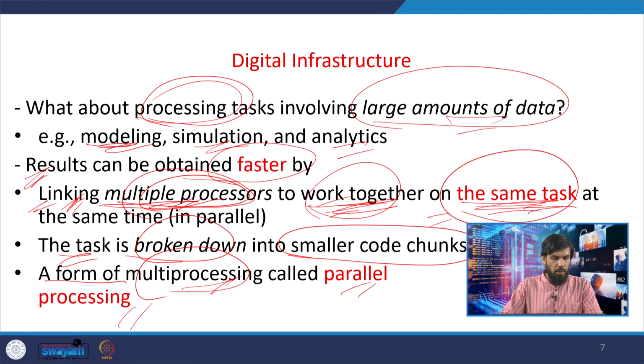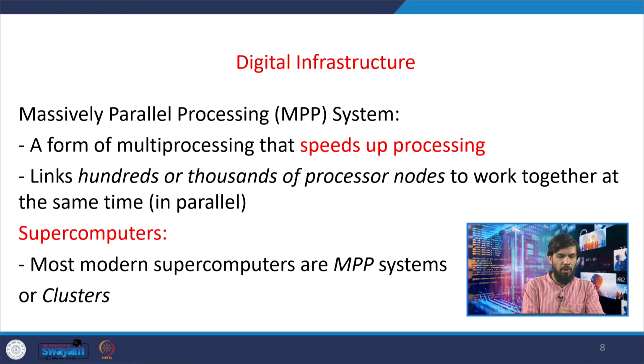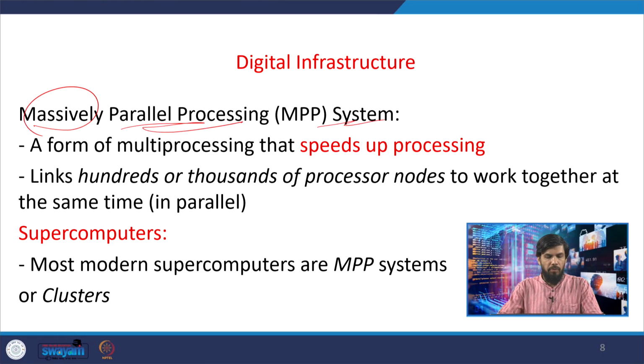Now this is one way that we are working with large amounts of data, huge processing needs. So we can link multiple processors to work on the same task, that is parallel processing. Now there might be situations where we have to do massively parallel processing. There are systems called massively parallel processing systems, MPP systems, because you are working with big data, right.